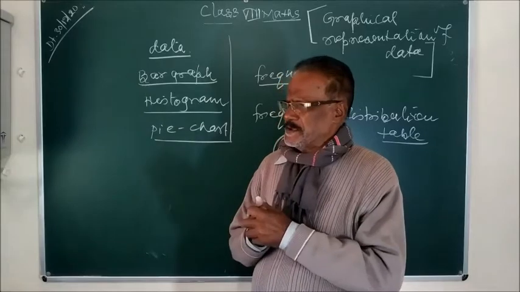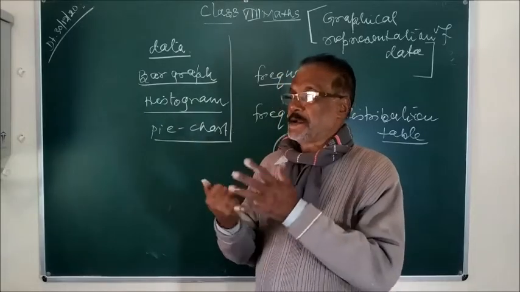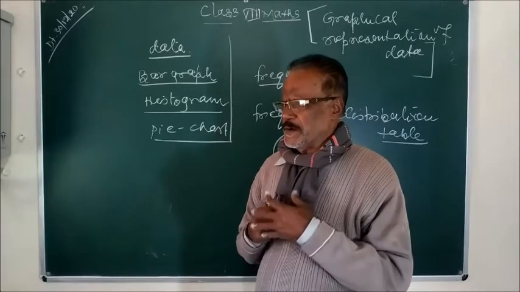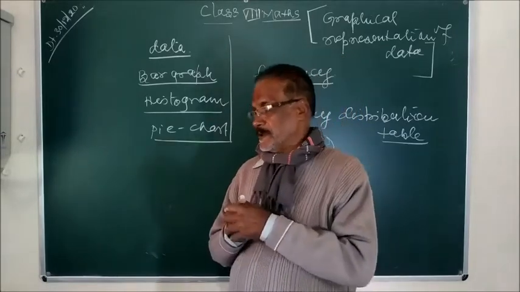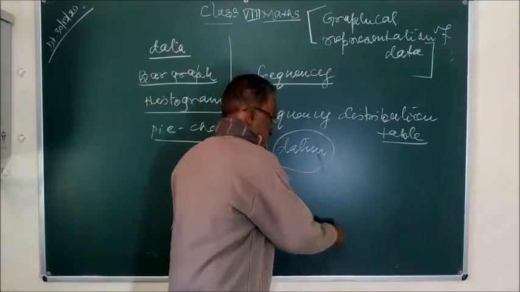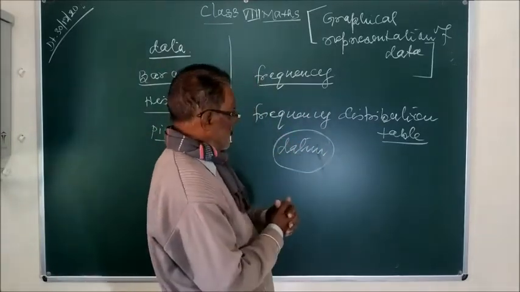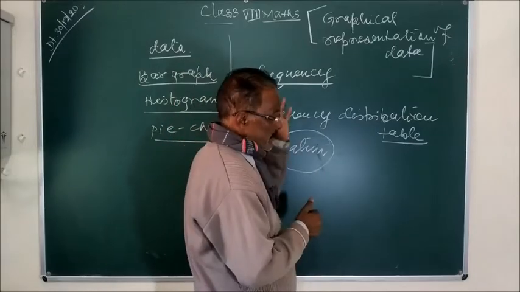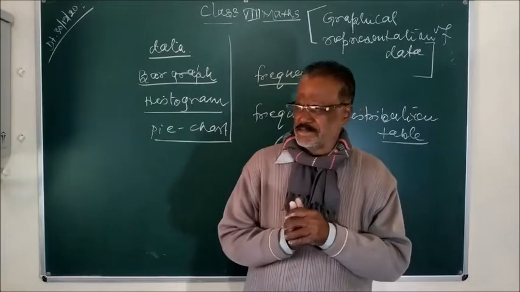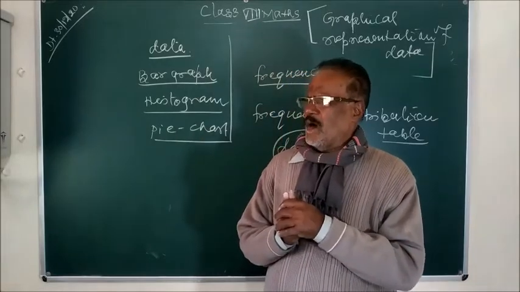Number of data we can see in our daily life. Suppose a student obtaining the marks in examination or test. So you can collect this information. You can collect the marks obtained by a student or any event.